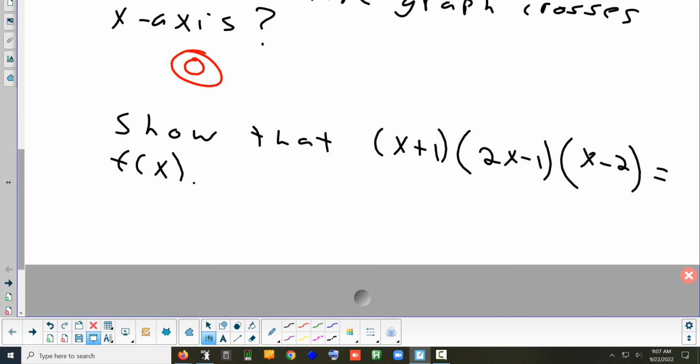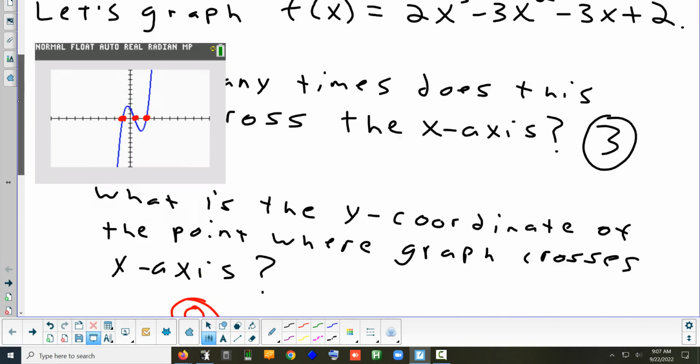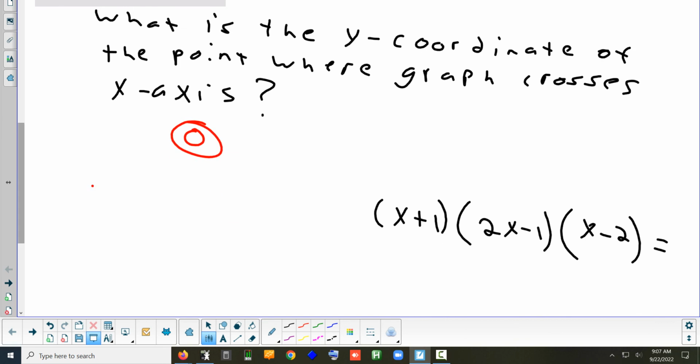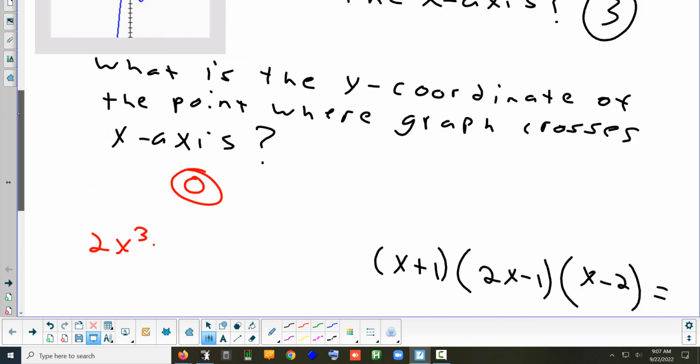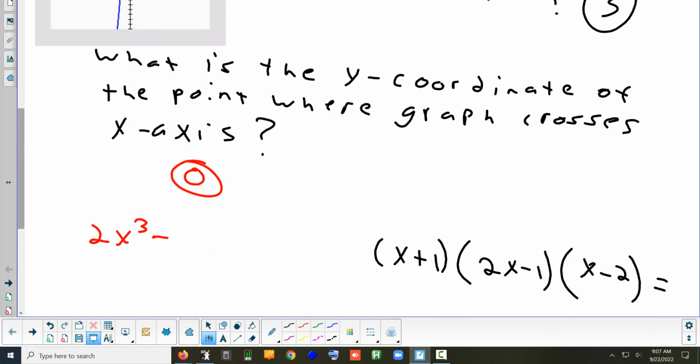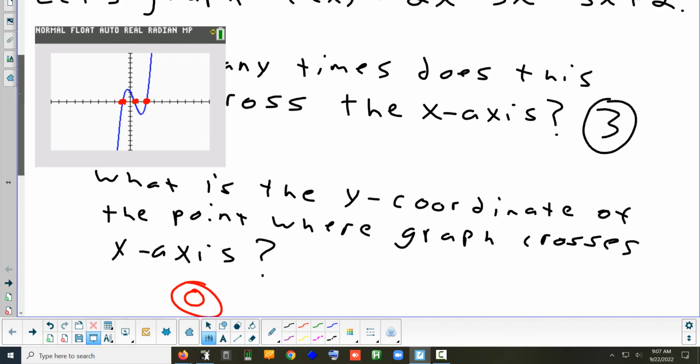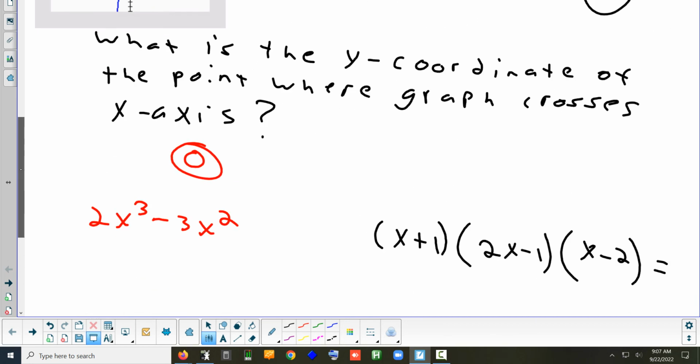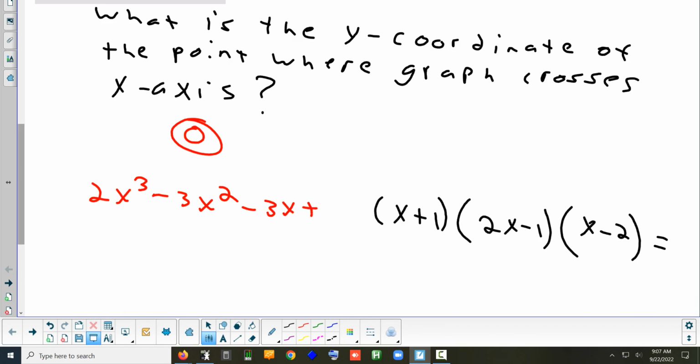So, this part, I'm just going to write this down. I'm not going to show it. What I want to do with it is more important than showing it. But 2x cubed minus 3x squared minus 3x plus 2 will equal that.